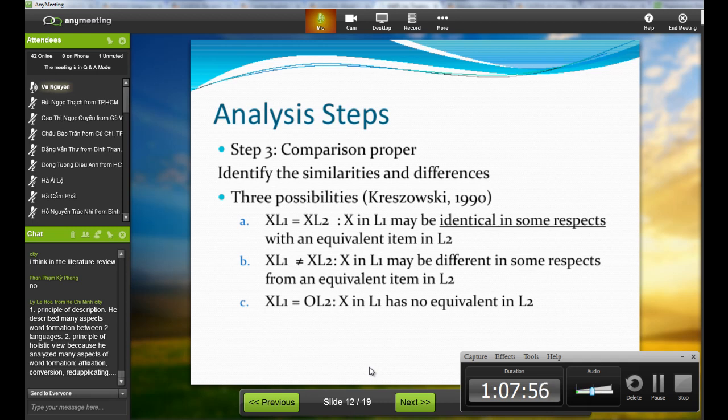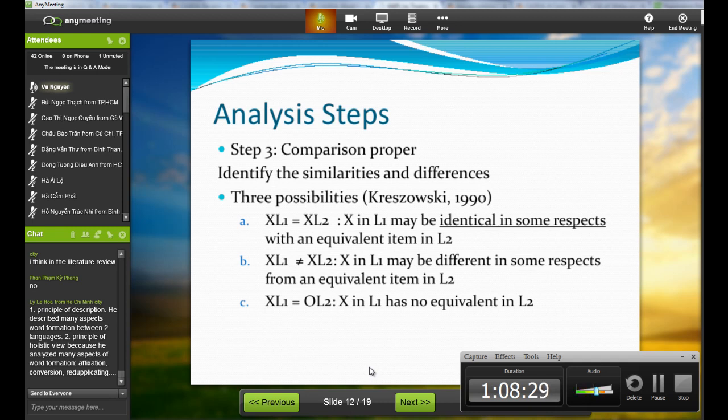in this step. The first case is that an aspect in language one can be identical in some aspects with an equivalent in language two. This is rare, although for Vietnamese and English it can be the case with English and French, with Vietnamese and Chinese, for example.